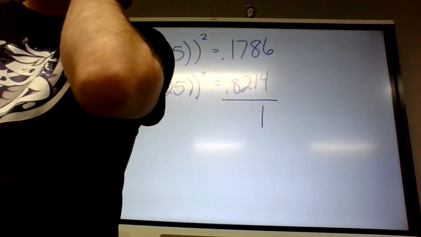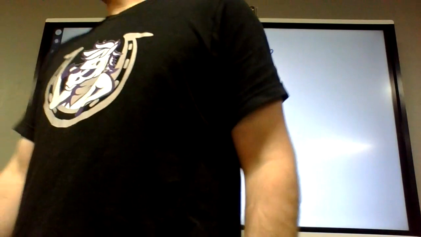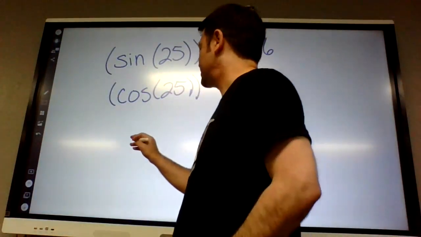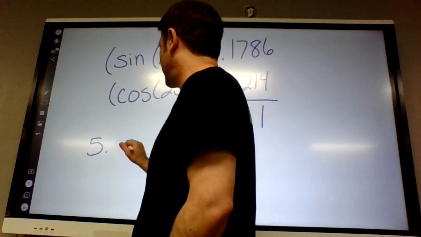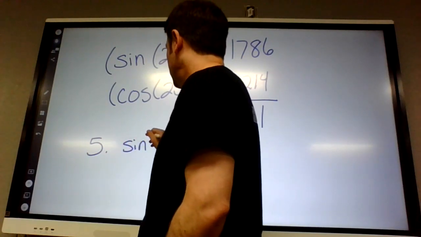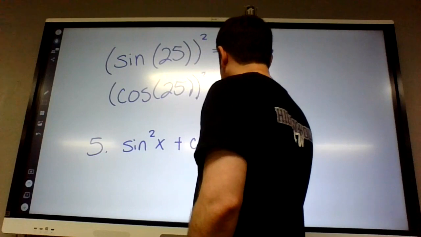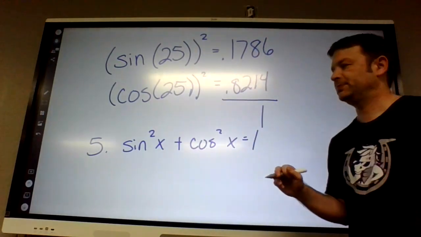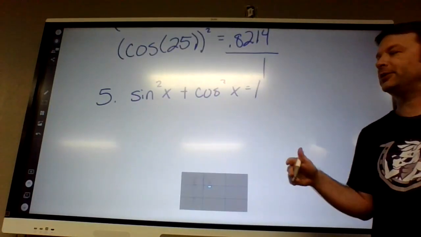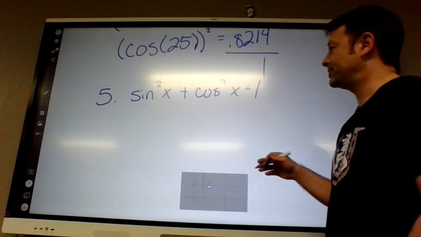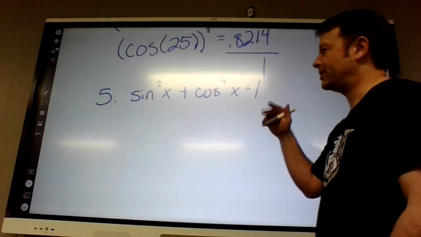Okay, number 5, state 3 forms of the Pythagorean identity. Do you guys remember I said this thing was based on the Pythagorean theorem? Okay, so that's one way to write it. We kind of already talked about this. What's another way we could write this? Move stuff around a little bit.